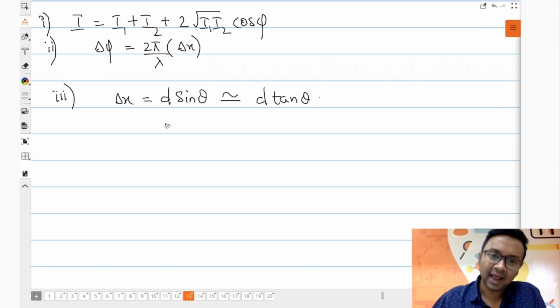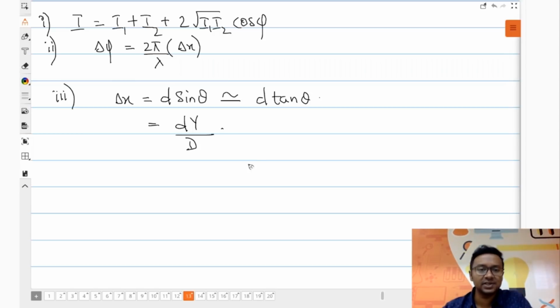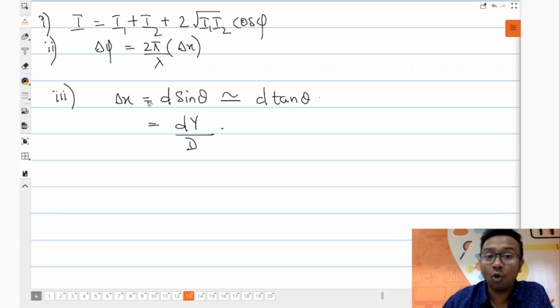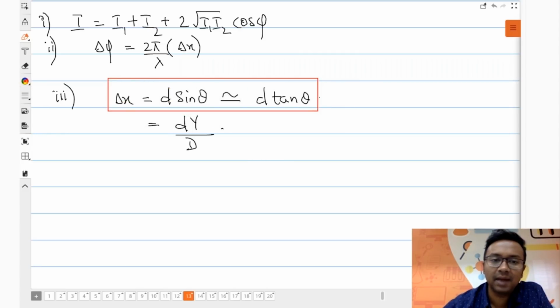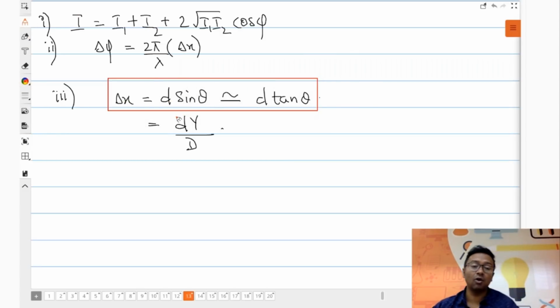And as a result, what I'm going to get is d y by capital D. Depending on whether it's maximum or minimum. If I remember this, I can actually see this is the starting point of all the formulas of wave optics. Now see, interestingly, what do we have here? y small d by capital D.